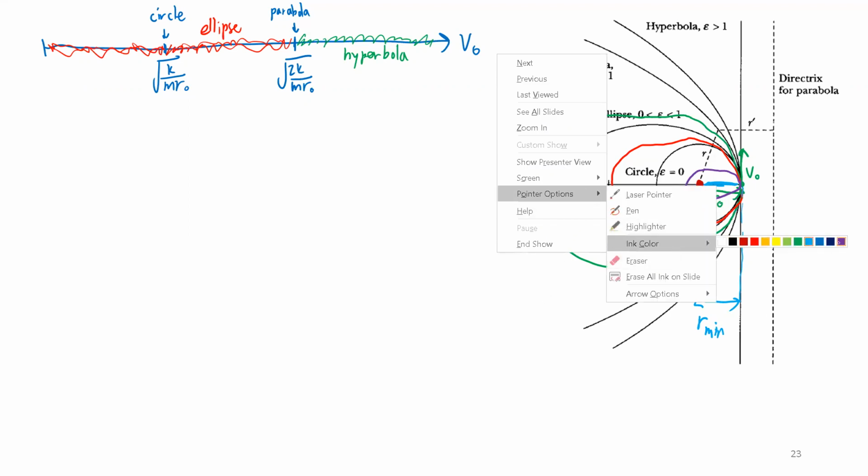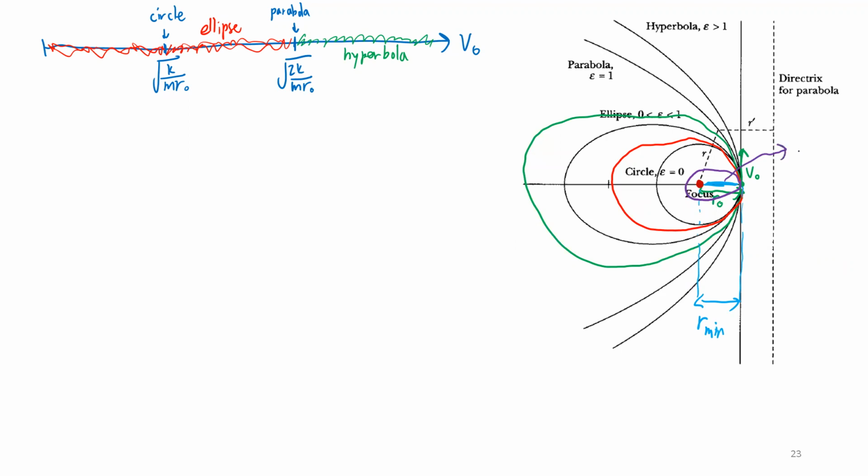That distance over here is actually our R max. So if you get this velocity to be even lower than this value, it's not possible to draw an ellipse that takes this distance to be the R mean. Instead, it has to be the R max.